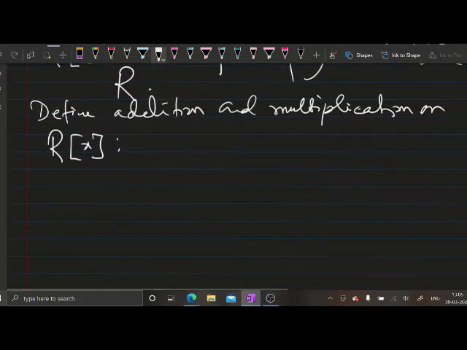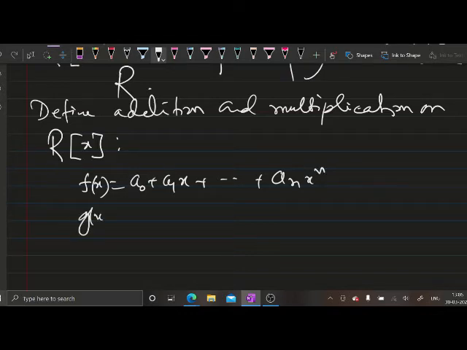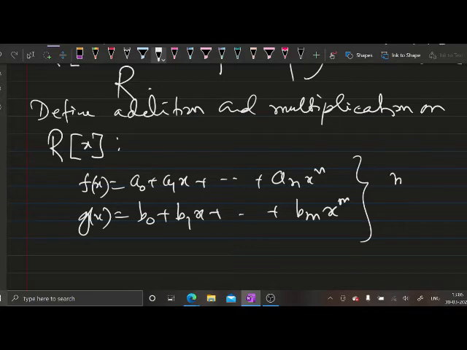So suppose you take two polynomials, one is f(x), a0 plus a1x up to an x to the power n, which is of degree n, and you take another polynomial of degree m. Now between this n and m, one must be greater than the other, right? So suppose here m is greater than or equal to n.